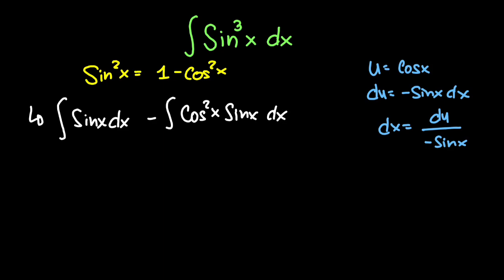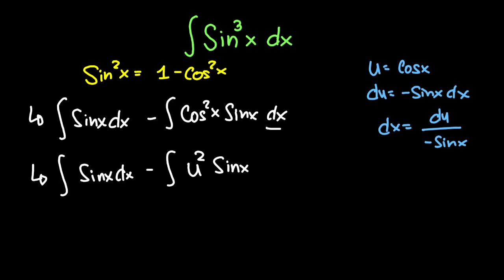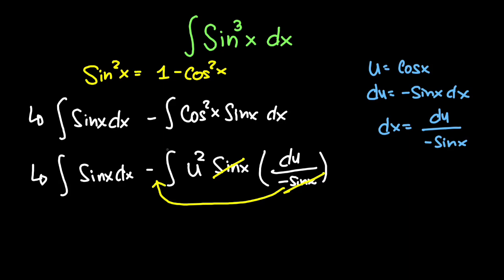So by substituting that, this should be the integral of cosine x is u, but since this is cosine squared, this should be u squared multiplied by sine of x and multiplied by the value of dx, which is du over negative sine of x. And so you can see here sine of x would cancel, leaving you with a negative sign, so you can put that on the outside of the integral.